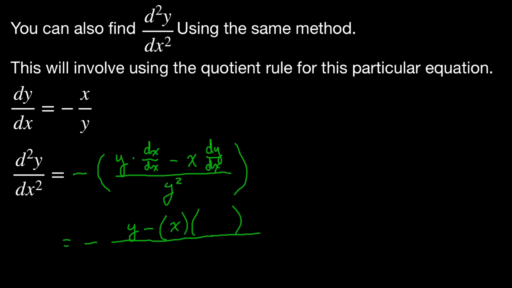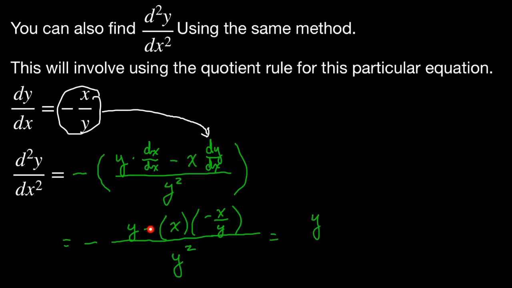So what you're going to do is take this value and plug it in to dy/dx. And so we end up with a negative x over y right here, and that's over y squared, which, simplifying this just a little bit, you're going to have a negative times a negative, which will give you a plus right here, and then x times this x will give us x squared over y.